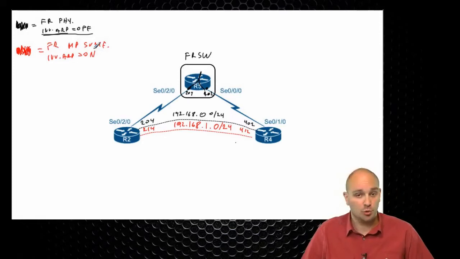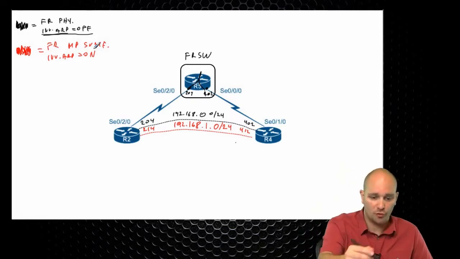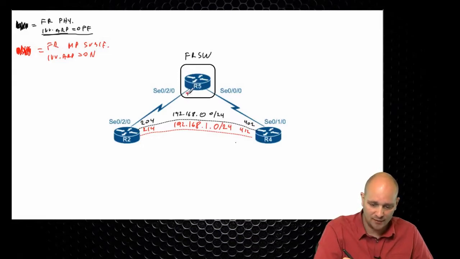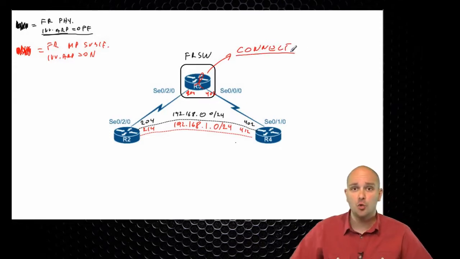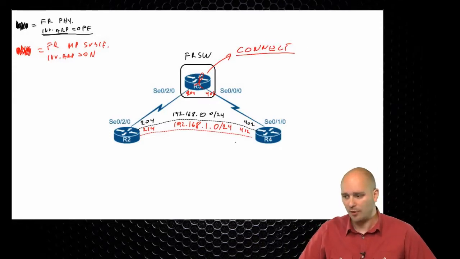I'm going to use the new connect statements to get this cross-connect working. So instead of using the frame maps, I'm going to take the DLCI 204 here and map it to DLCI 402 here and back using the connect statements, or as I like to call it, the new way of configuring a Frame Relay switch.